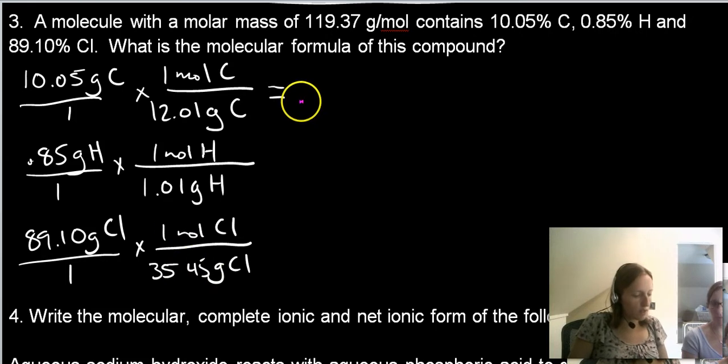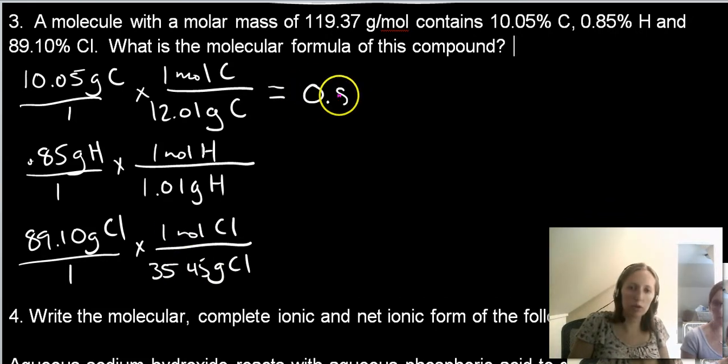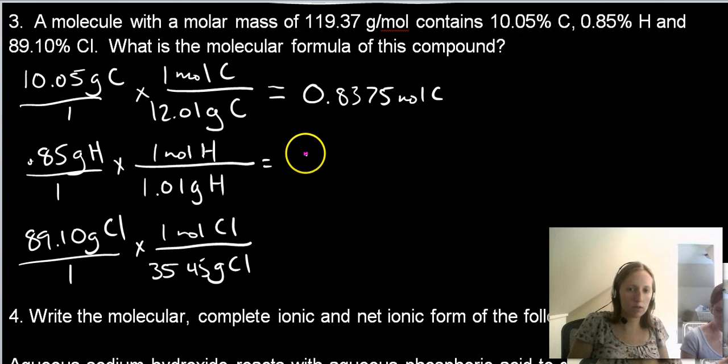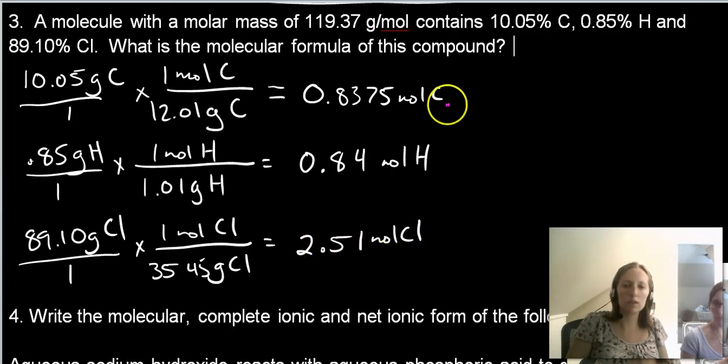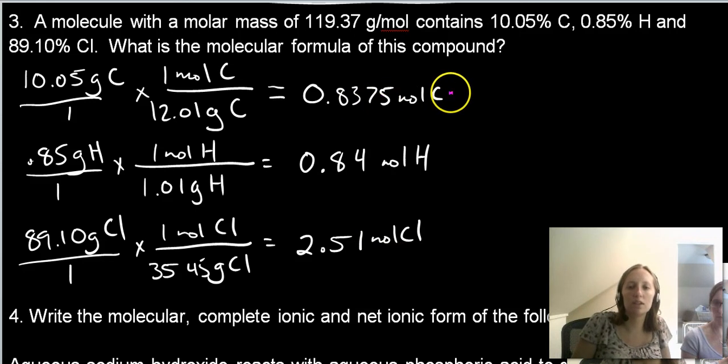For that, I got 0.8375 moles of carbon, 0.84 moles of hydrogen, and 2.51 moles of chlorine. But Mrs. Gunlock, your sig figs are all messy right now. It's okay, I'm not done with the problem.